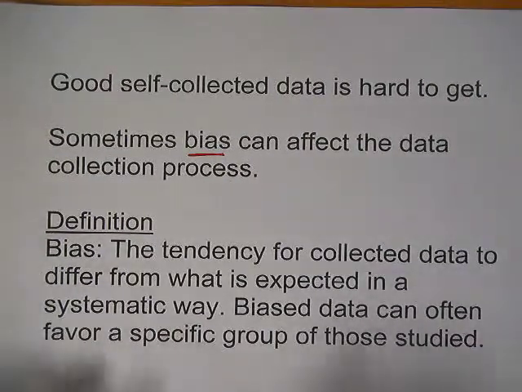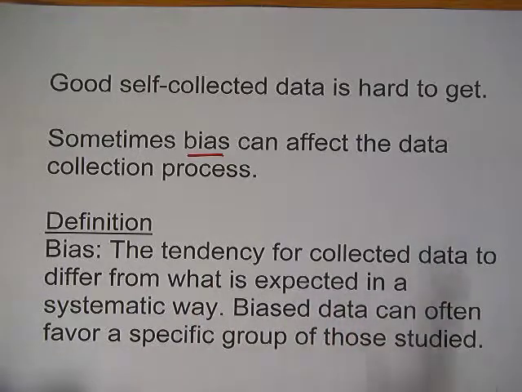Bias is the tendency for collected data to differ from what is expected in a systematic way. Biased data can often favor a specific group of those studied. So we do want to avoid bias. Bias can often slant the results one way or another. So it's going to be important, as we're learning how to collect data in the future, to think of ways of collecting it that will minimize that bias.